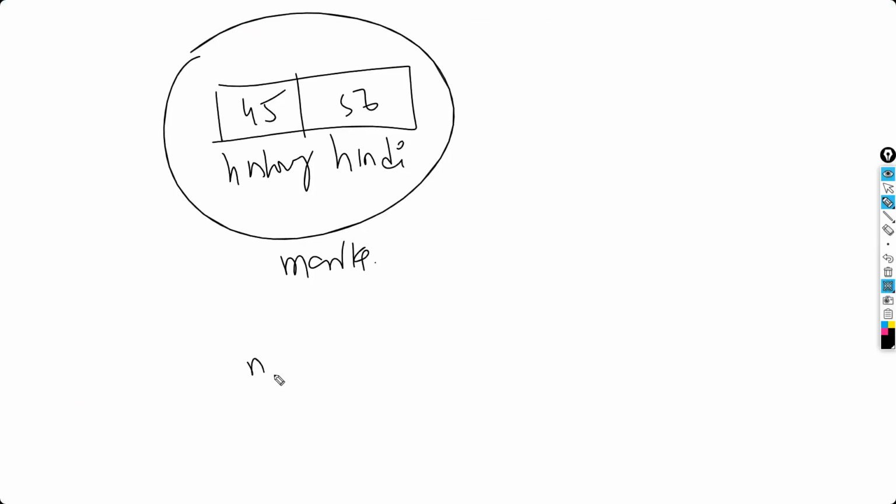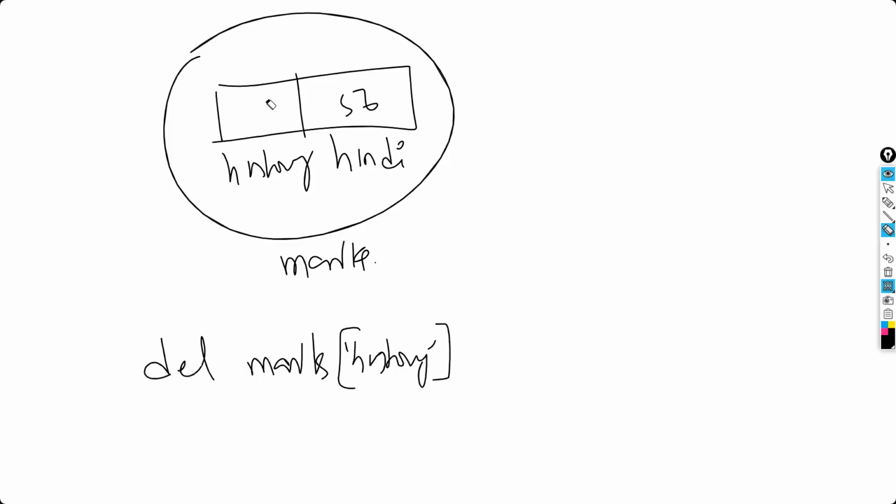Now marks of history. Marks of history means what is the output? 45. Del, I'm writing before that. What is the meaning? I'm removing the 45. Once the value was removed, can a key be there? No. So basically what you have removed is the value.